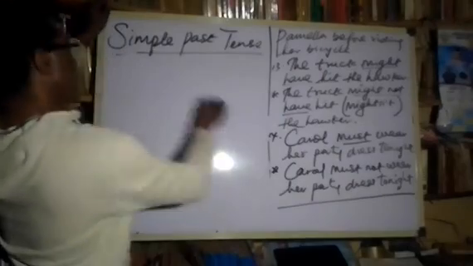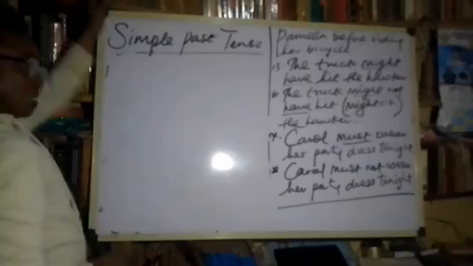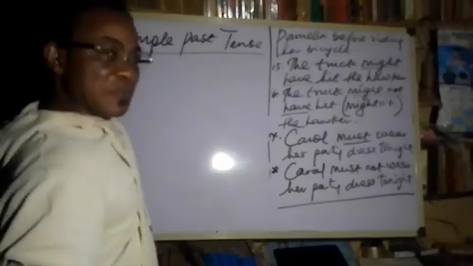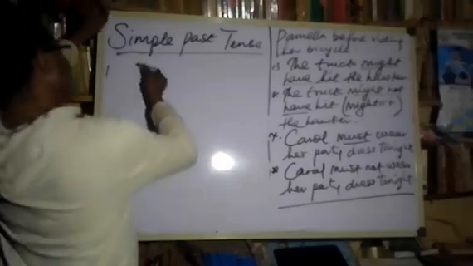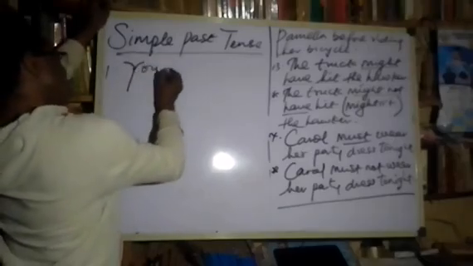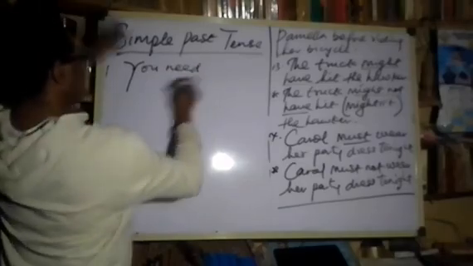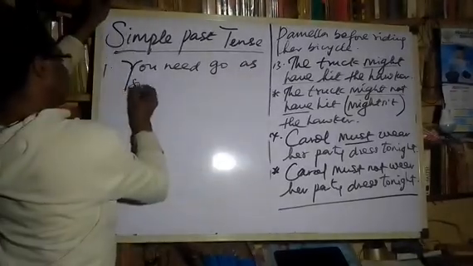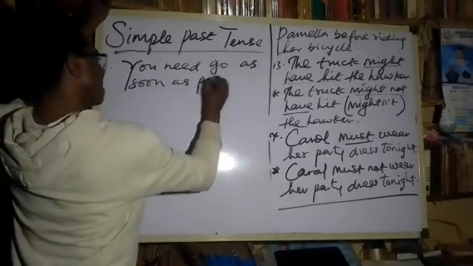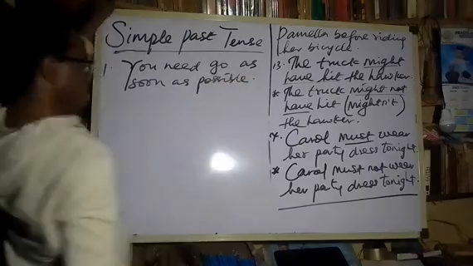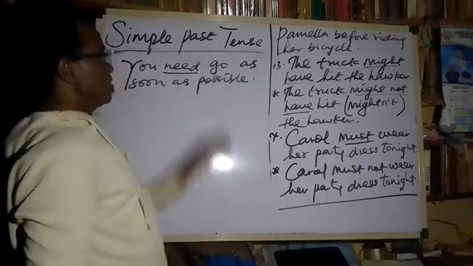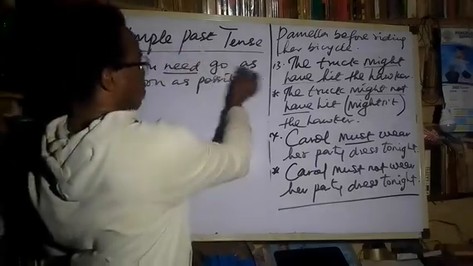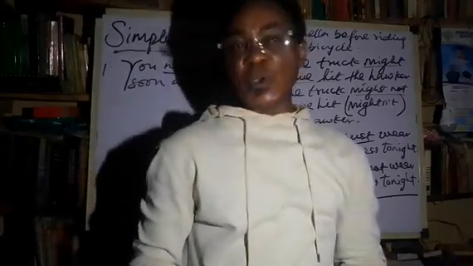I'd like to give you our sentence here. Let us use the auxiliary verb need. You say the affirmative, you need go there as soon as possible. This sentence can also have the preposition to. When we have the preposition to, then the go here becomes to go, and it is called a to infinitive.